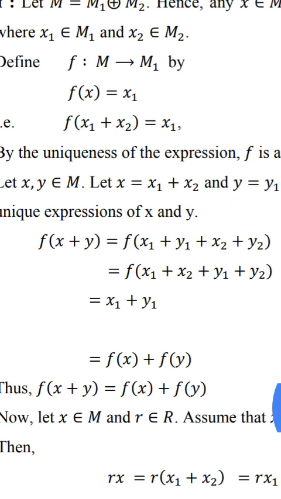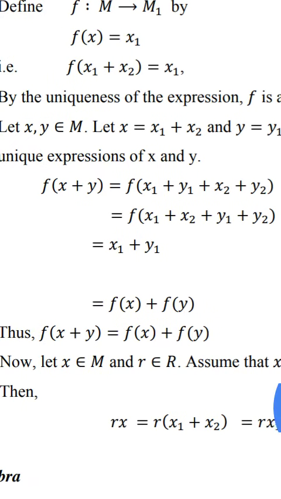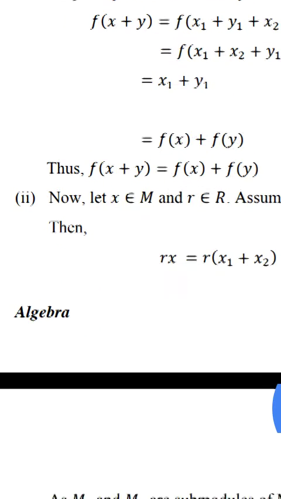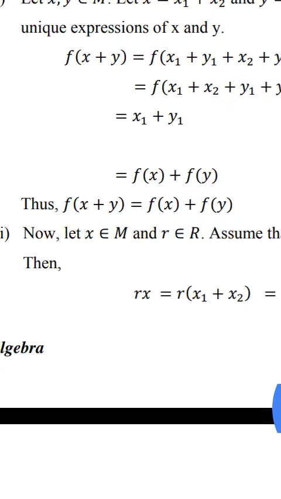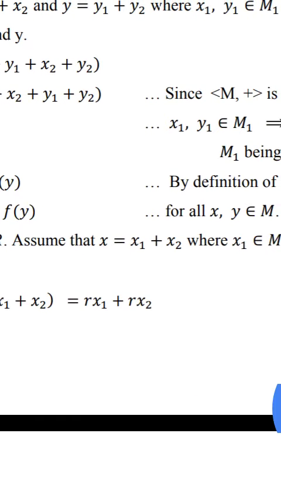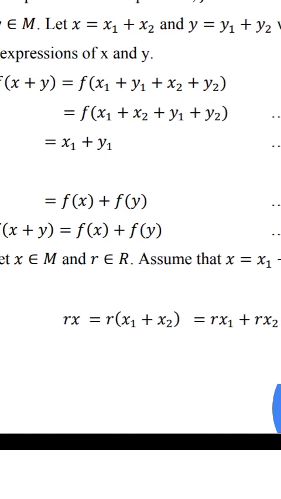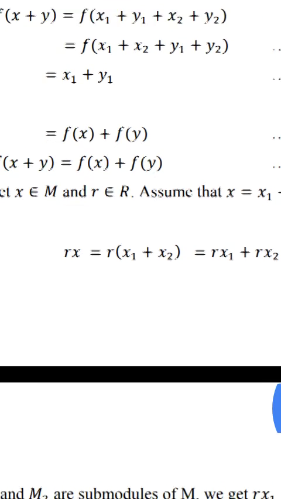f of x plus y is equal to f of (x1 plus y1) plus (x2 plus y2), which is equal to x1 plus y1, which is equal to f of x plus f of y. Thus, f of x plus y is equal to f of x plus f of y. Now, let x belongs to M and r belongs to R. Assume that x is equal to x1 plus x2, where x1 belongs to M1 and x2 belongs to M2. Then rx is equal to r into (x1 plus x2) is equal to rx1 plus rx2.